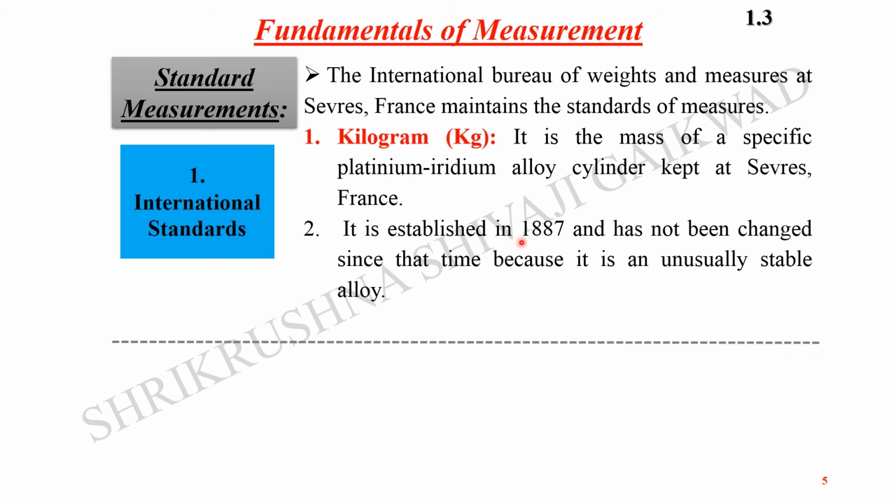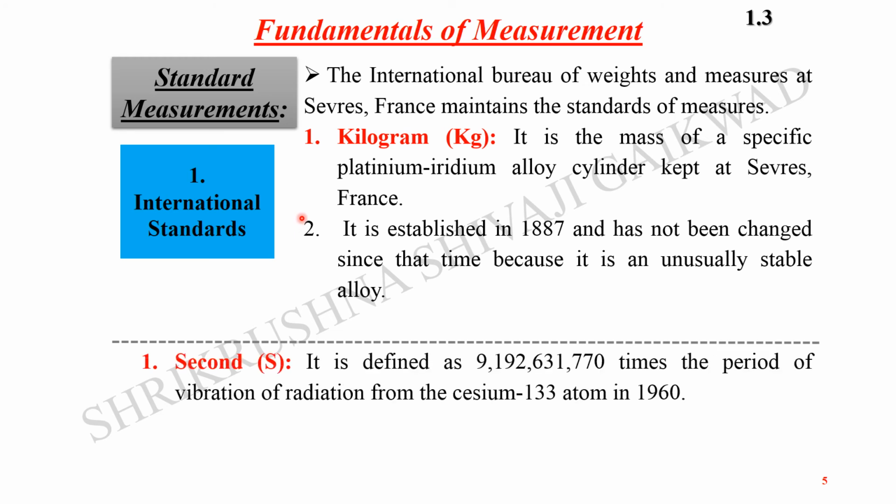It was established in 1887 and has not been changed since, because it is a stable alloy. It is one of the most stable alloys, which is why it is used for the international standard for the kilogram.